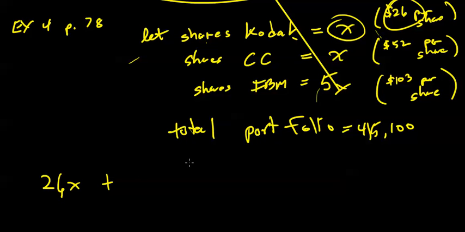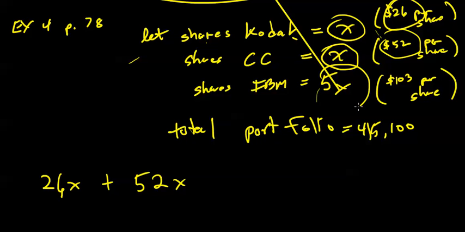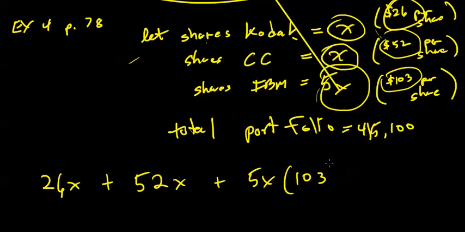Plus the value of the Coca-Cola stock. I've got X shares of Coca-Cola valued at $52 per share, so 52X is the value of the Coca-Cola portion of the portfolio. And of course, then you've got 5X shares at $103 per share, so 5X times 103 is going to be the value of the IBM portion of the portfolio.